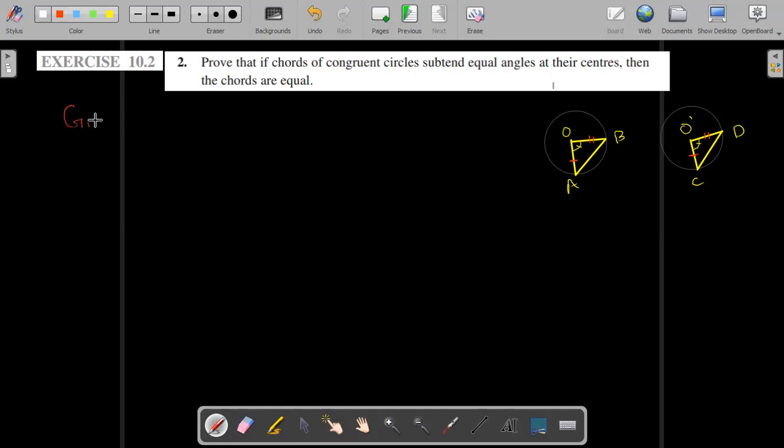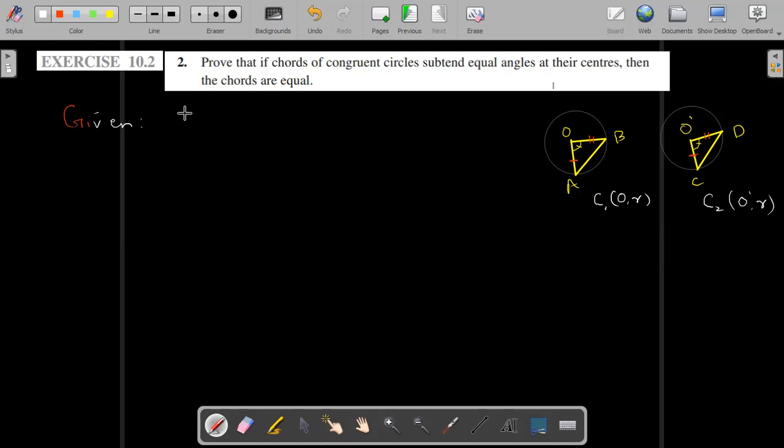So we have to write the given. Again, let the circles be C1 and C2. C1 has center O, and the radius will be the same because they are congruent circles. If they were different circles, I would take R1, R2 or R dash, different radii.